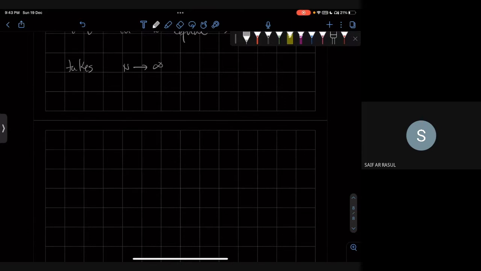Okay, then what happens? We are not good at visualizing an infinite number of steps, but it basically will become something like this.